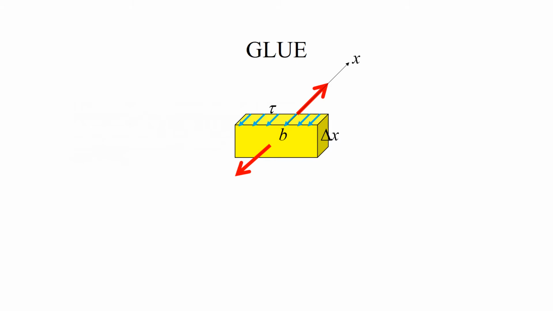That's the area joint. This is the free body diagram used previously to analyze the glue. And let me see how we can recover the result we obtained earlier by looking at the shear flow.